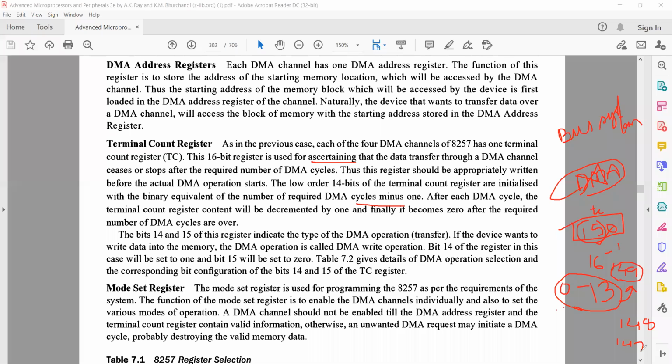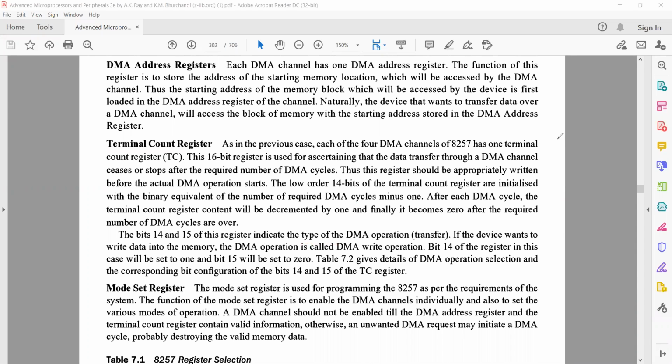So we have 2 more bits now. We just took 14 bits, and we have 2 more bits. Bits 14 and 15 of the register indicate the type of DMA operation. So how many types of DMA operation do we have?